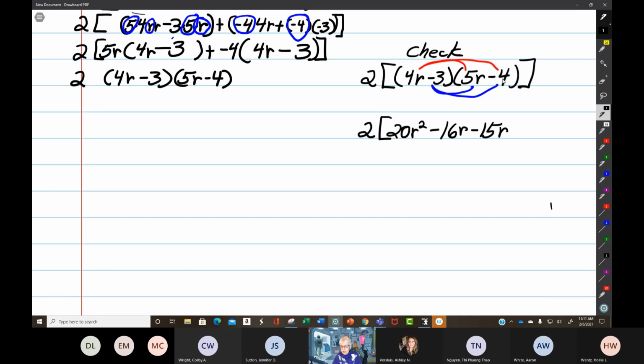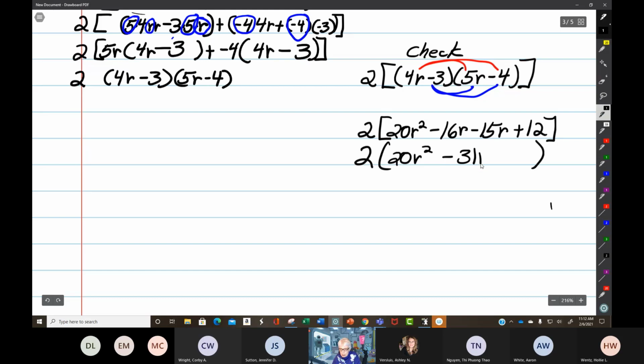And minus 3 times minus 4 is plus 12. Let me combine these like terms. All right, that's going to be 20R squared minus 31R plus 12.